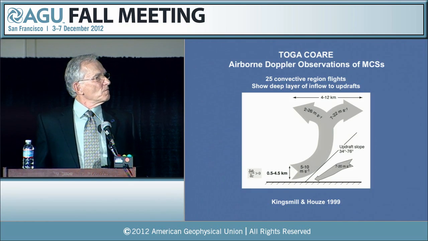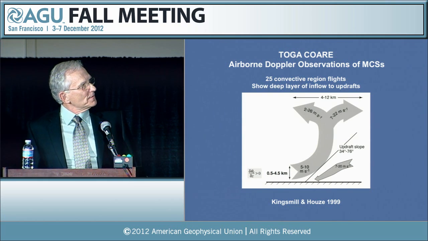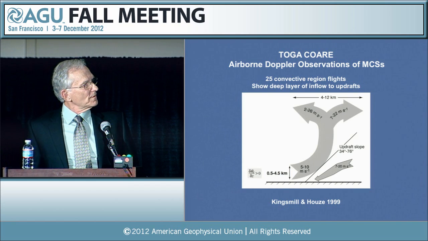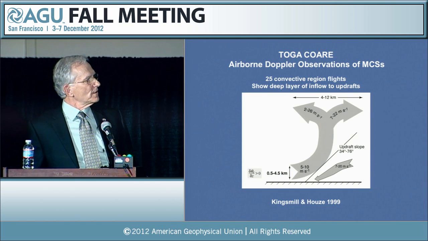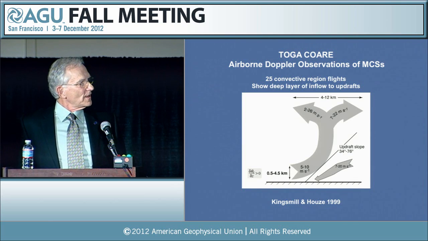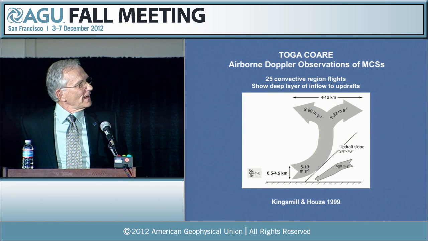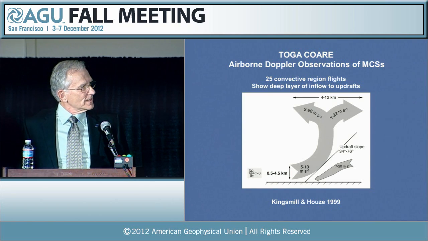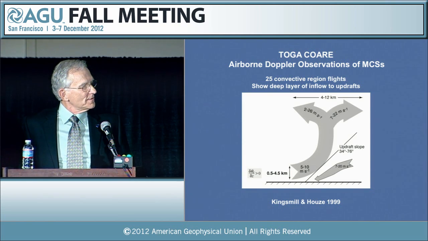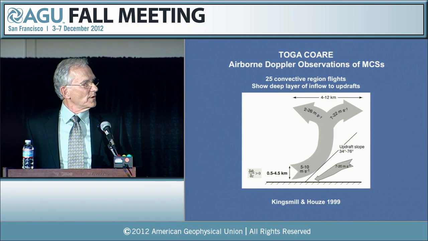This shows a result that we concluded from 25 flights around the convective regions of mesoscale systems in Togo core. If you're really sharp-eyed, you'll notice that I have the inequality going the wrong direction there, but otherwise the figure is good. The main thing it shows is a deep layer of inflow, anywhere from 1/2 to 5 kilometers or even more deep.